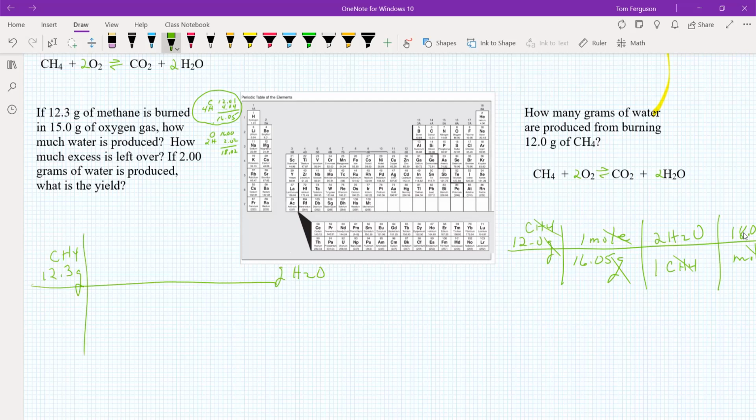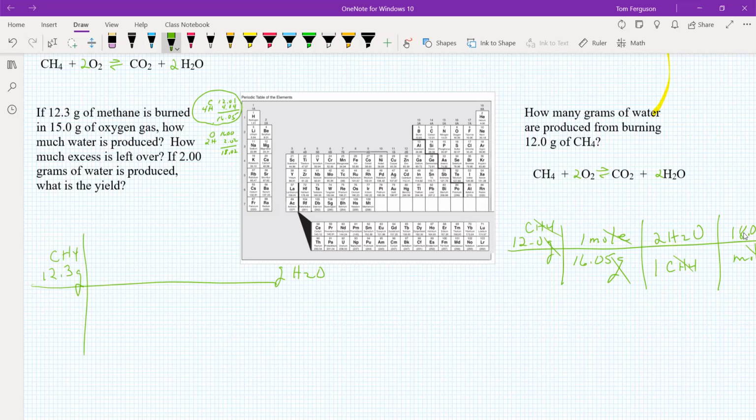Right now, we're ignoring the oxygen. And we're going to do a similar calculation, ignoring the methane, using only oxygen. Because now the product is water. We want to see which one produces the least amount of product. Okay, the least amount.